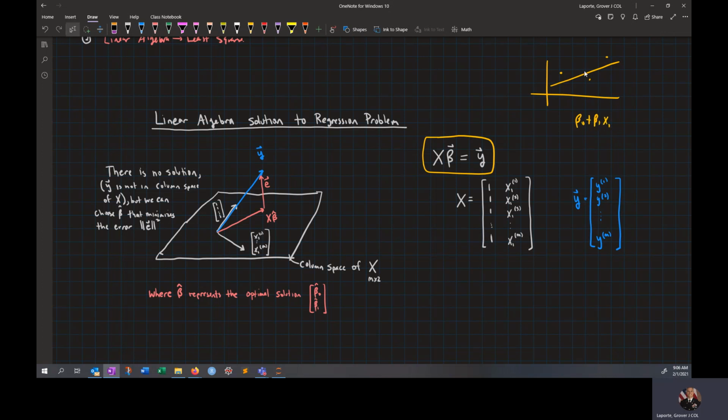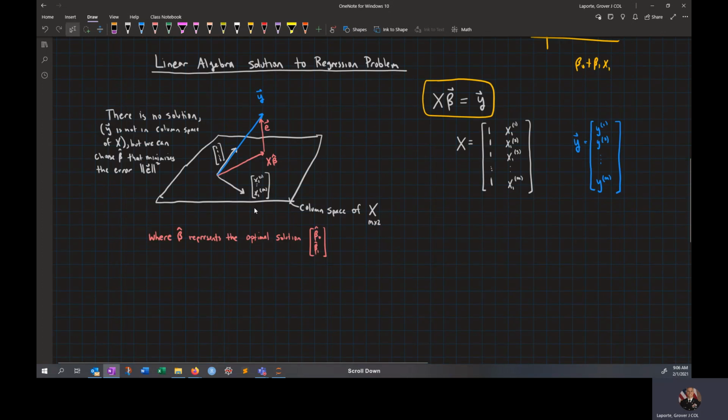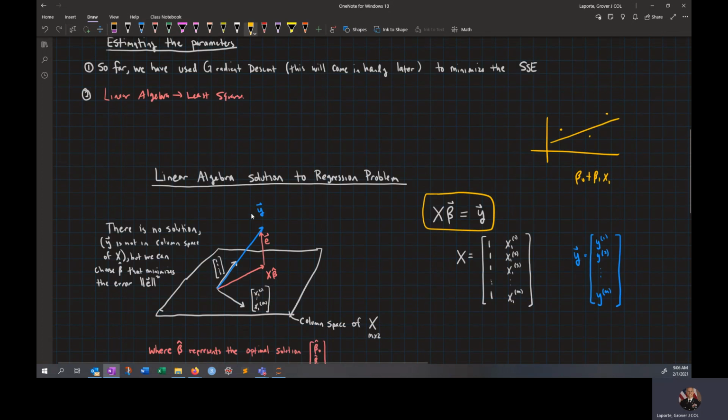There is no way to get a solution to this, and that's why this vector y is outside the column space. The column space is this column vector of 1, 1, 1, 1, 1, and then x1, and all the data that goes along with the predictor. This column represents exactly what we've been talking about in class so far, those predictor variables.